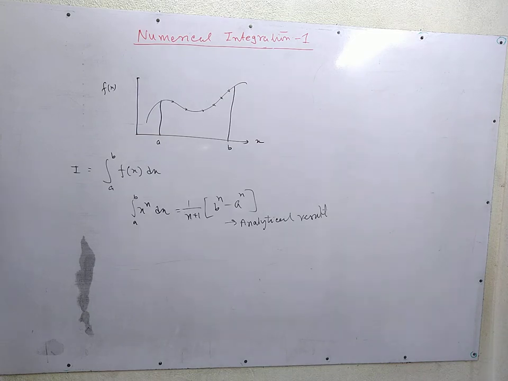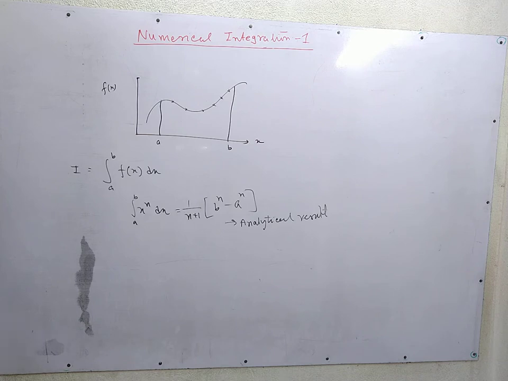And sometimes the function itself is not known, but we are provided with a few data points. Few data points means, say we are provided with a set of n plus 1 x and y data. Then we are to find the value of the integration between the limits x0 equal to a to xn equal to b. This is the technique of numerical integration.